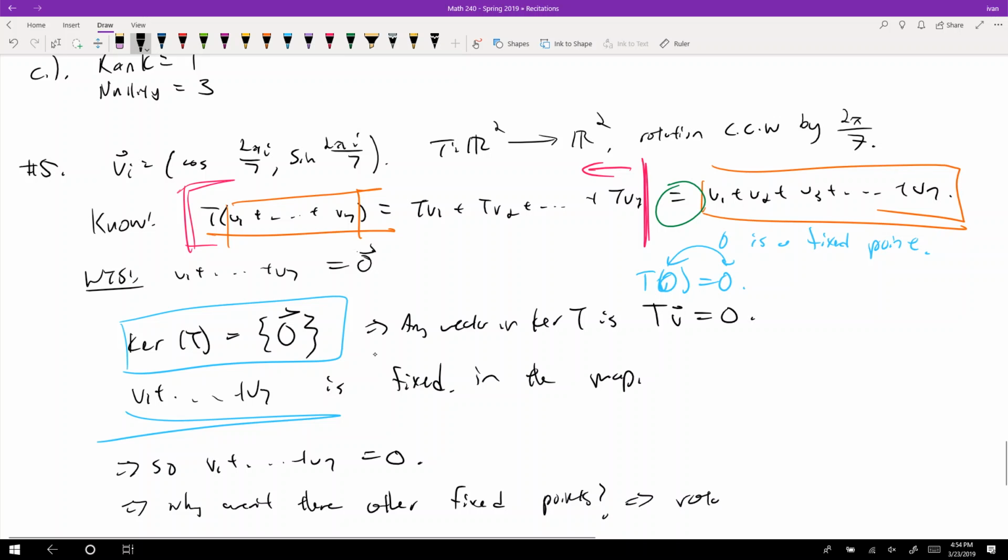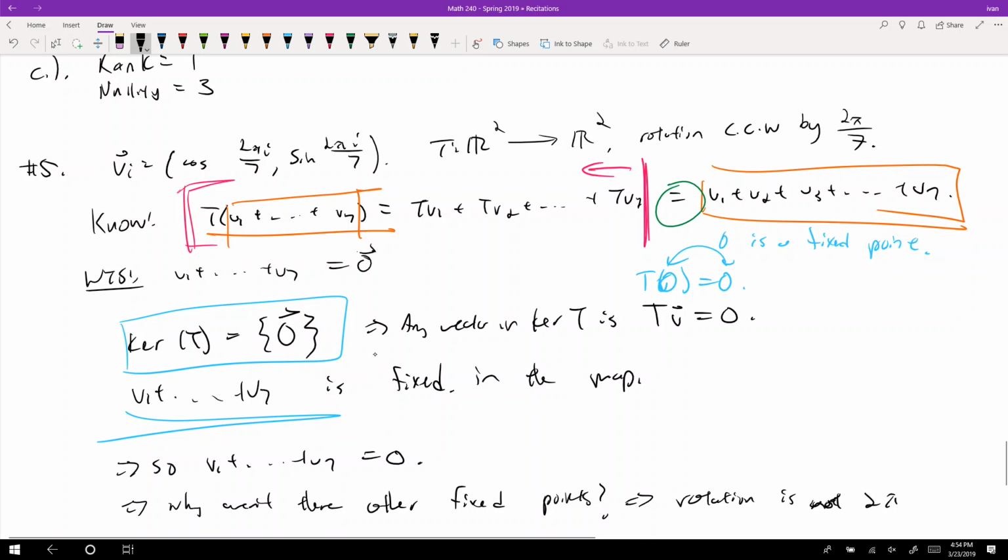Because the rotation is not 2 pi. If it were a 2 pi rotation, then everything would be the same, but in this case, it's not. So you had to see that v1 plus v7 is a fixed point, and then the kernel is the only other place where there's a fixed point of the map.